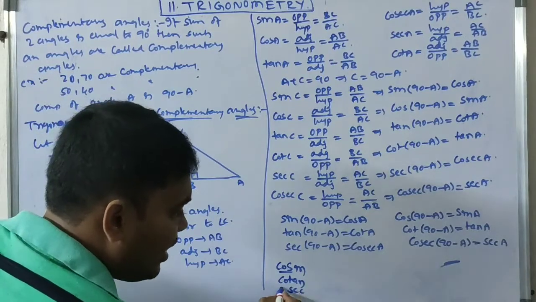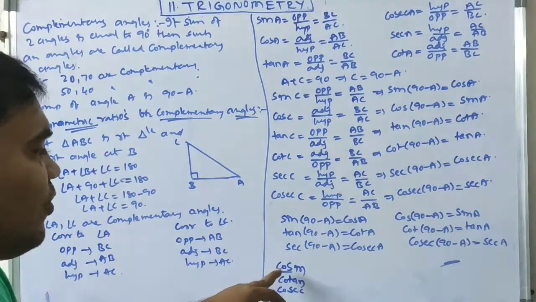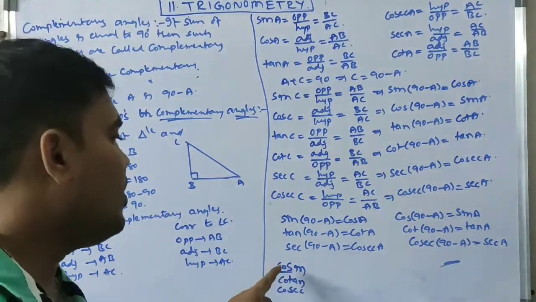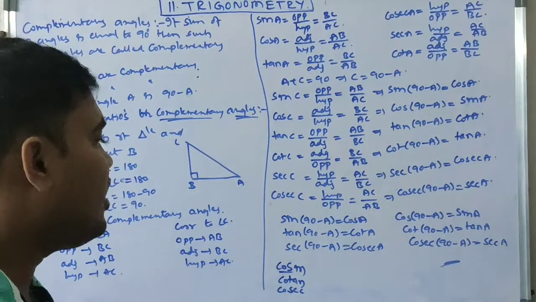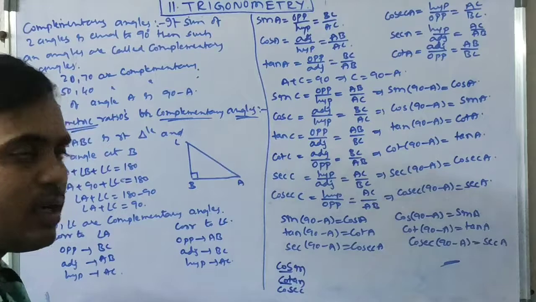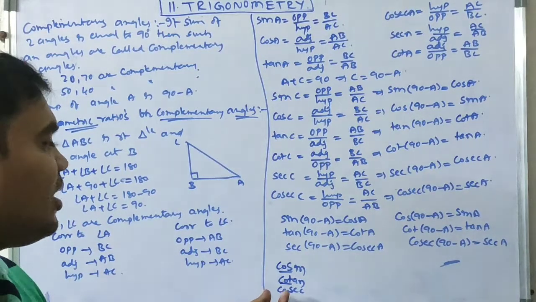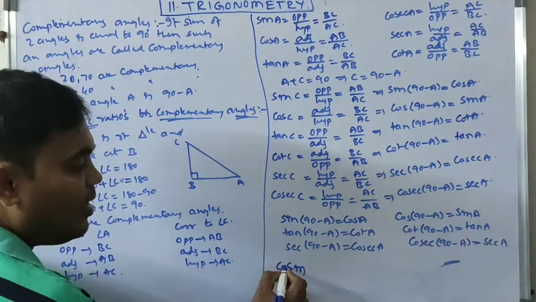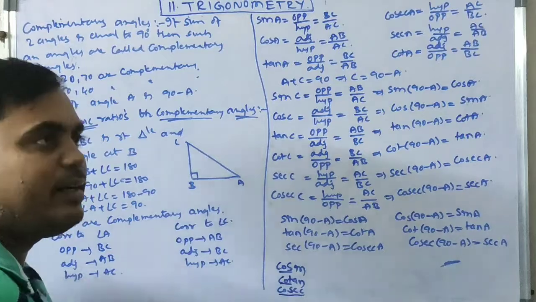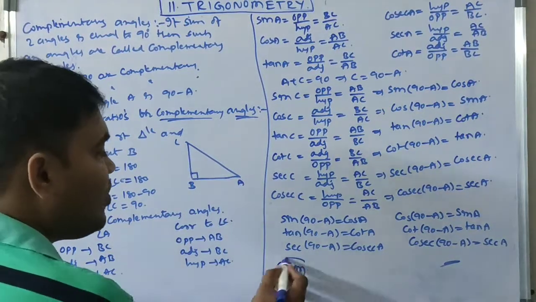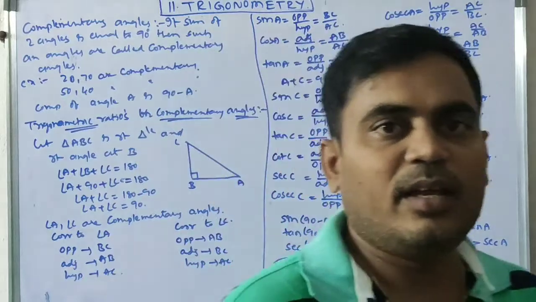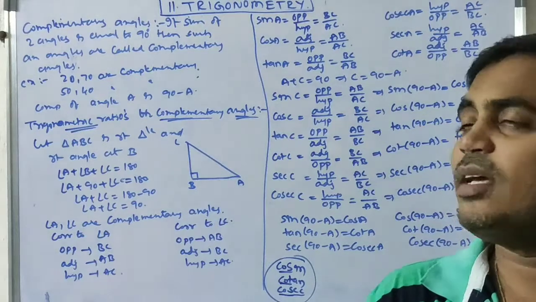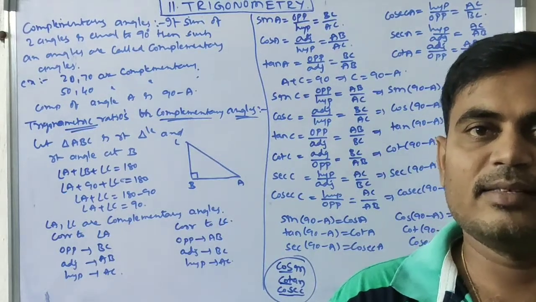Sec, adding CO, cosec. So the complementary of sine is cosine. Complementary of tan is cotan. Complementary of sec is cosec, because the first three letters cos already exist, that's why we take 5 at a time. So the names cos, cot, cosec come from sine, tan and sec. So these are the trigonometric ratios for complementary angles.